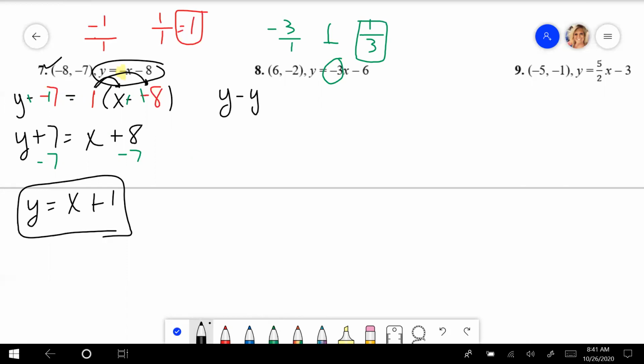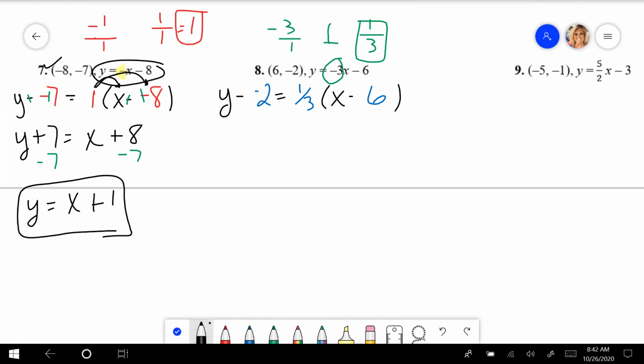Y minus y1 equals m times x minus x1. My m, I'm going to erase that, I'm going to put 1/3. My x1 is going to be 6. My y1 is -2.